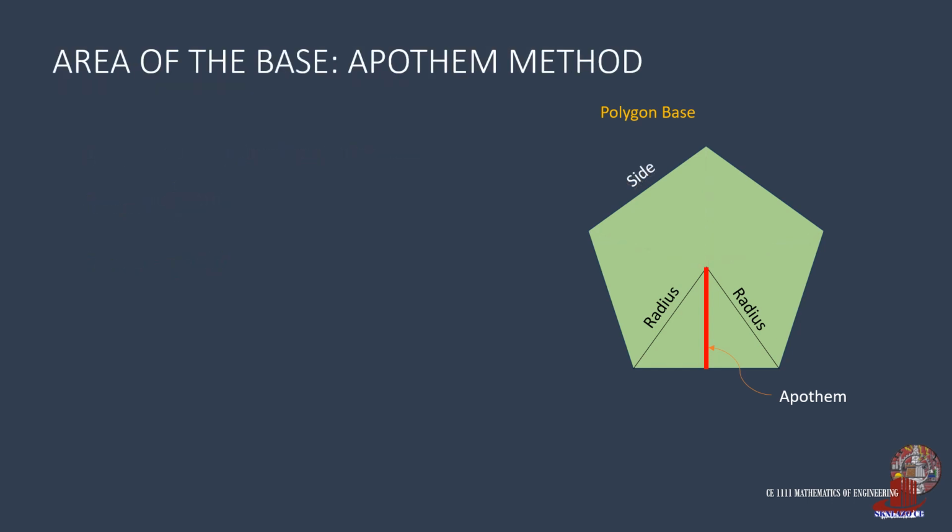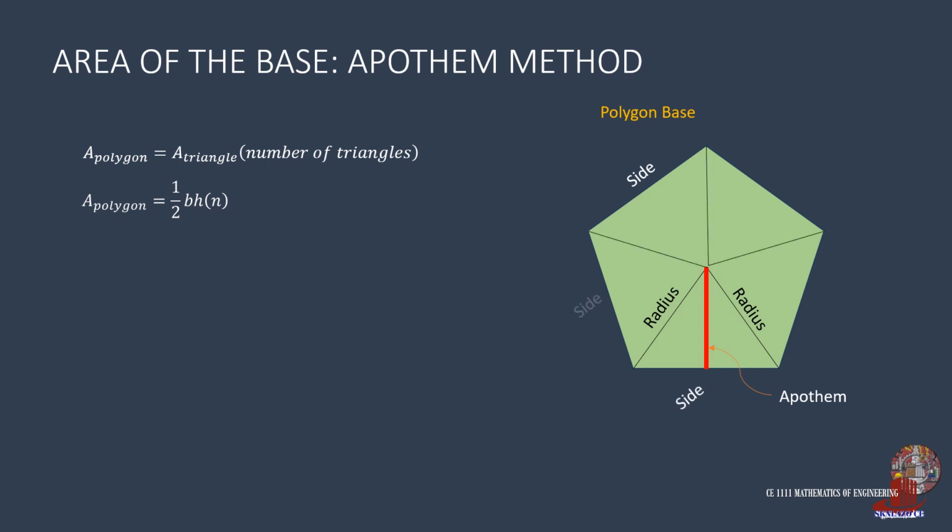The other solution is the apothem method, which is basically derived from the triangle method. The pentagon has 5 sides, which we denoted earlier as S, with the number as n. If we take the individual triangular areas, we can expand the area of the polygon as half of S times A, 5 times over.